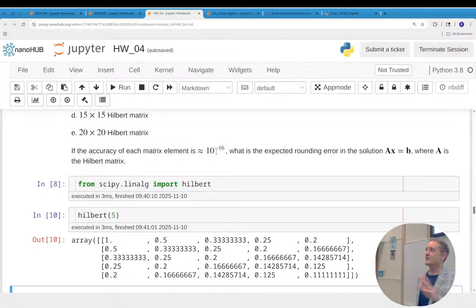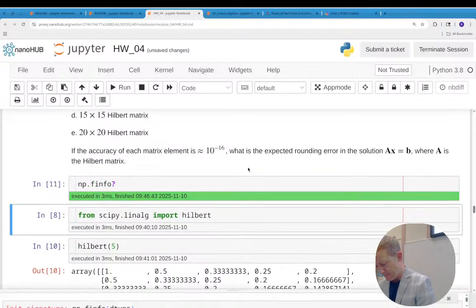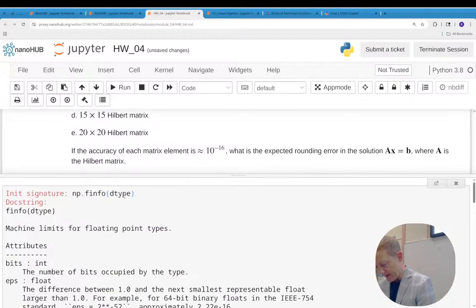Or someone comes out with a 128-bit computer, everything's better, accuracy's better. What would that number change?